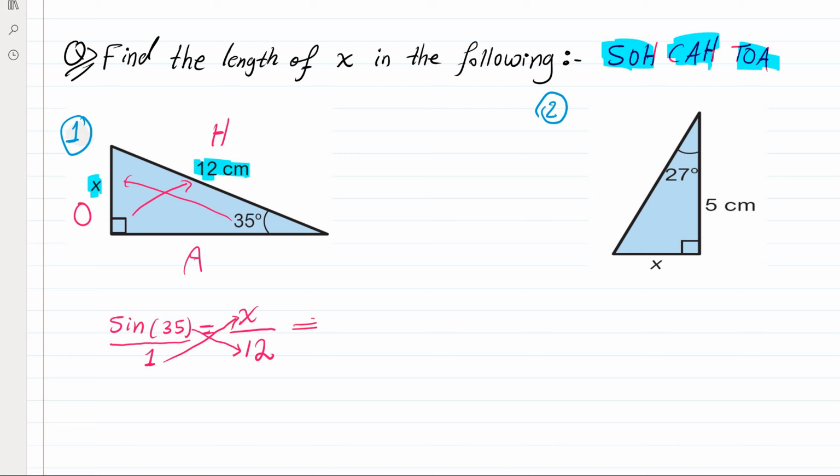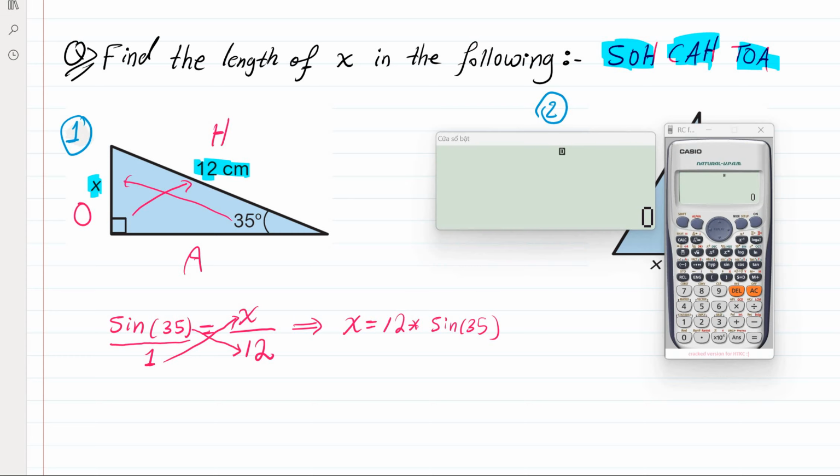So we will get x times 1, so only x, and 12 times sine 35 equals how much? I brought a calculator. So let's press sine. Look in your calculator, you will write 12 times sine 35.